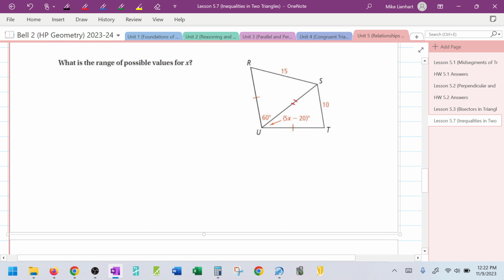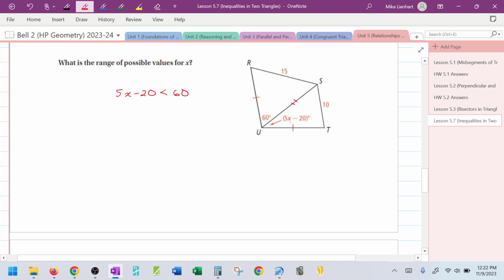The side opposite the 60 is 15. The side opposite the 5x minus 20 is 10. That allows me to write an inequality based on the converse of Hinge. I can conclude that 5x minus 20 must be less than 60. In other words, 5x minus 20 has to be the smaller angle.